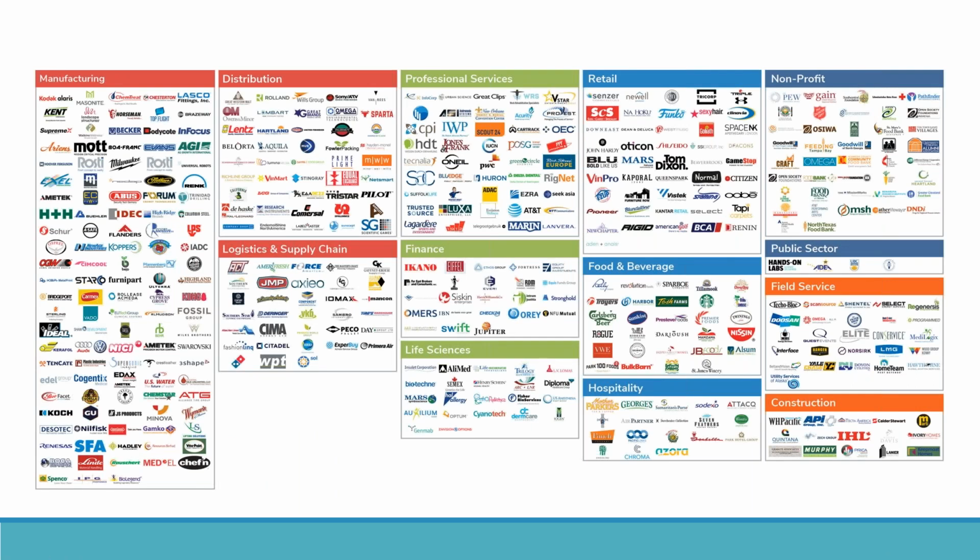Yeah, so this is what we call our NASCAR slide, right, in quotations. We love that we have a lot of companies underneath our umbrella. But really why I like to talk about this slide here is that it really shows we're not vertical specific. We have companies in all different industries, logistics, supply chain, nonprofit, hospitality, so on and so forth.